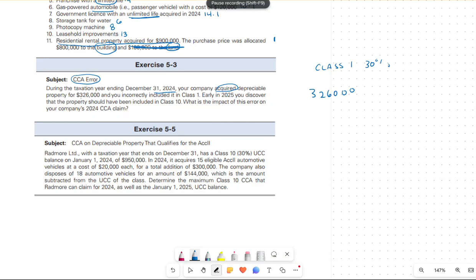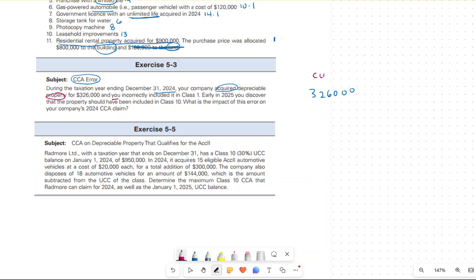Oh, hold on, they made a mistake. They're saying during the taxation year ending December 31st, the company acquired a depreciable property for 326,000, and you incorrectly included it in class 1.